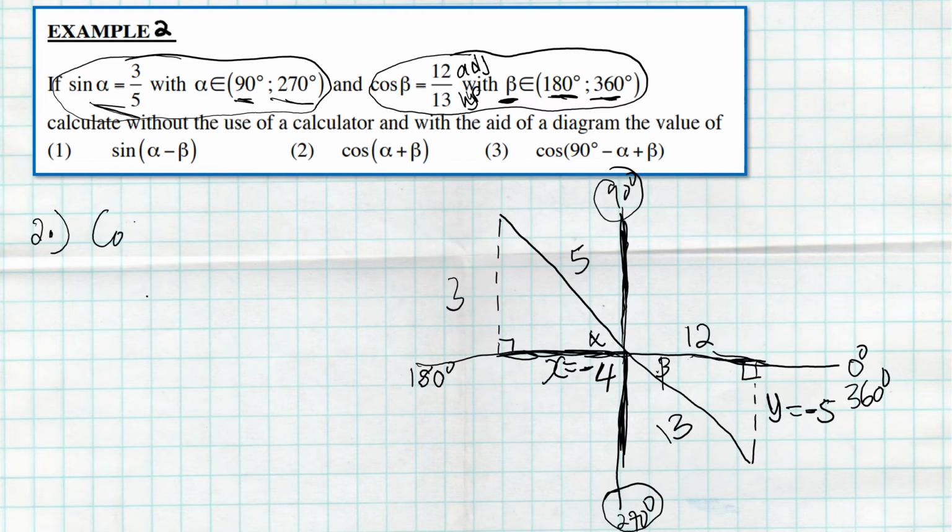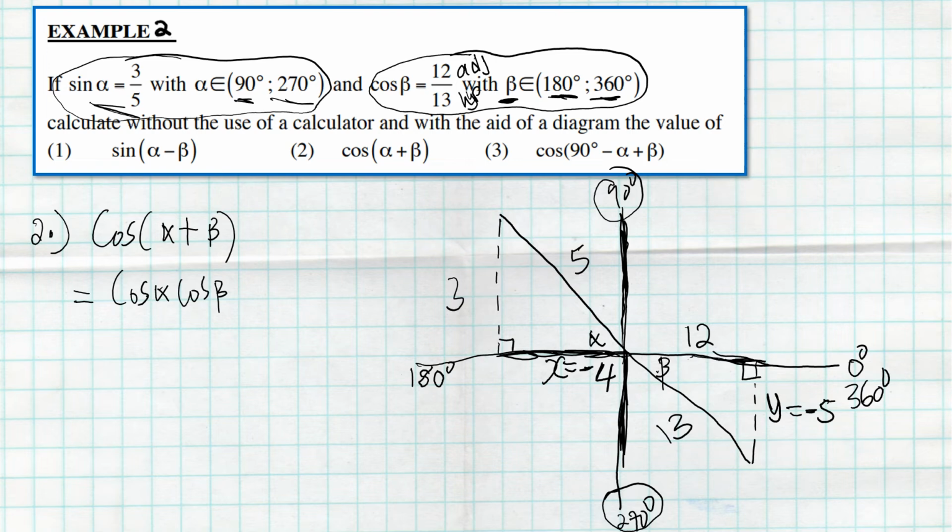Okay, for number 2, you are given cos of alpha plus beta. They are saying determine its value, without the use of a calculator, definitely, but by the use of the diagram. So cos of alpha plus beta, we know that we can express this as what? As cos alpha cos beta.